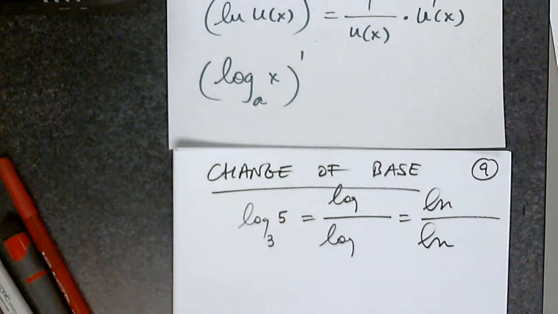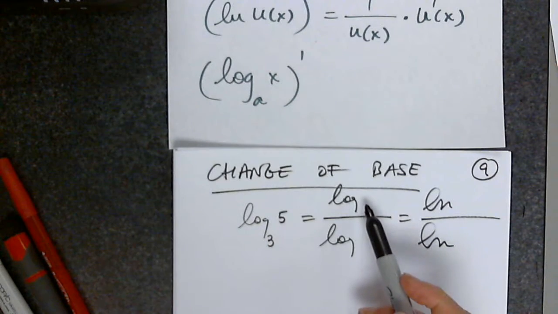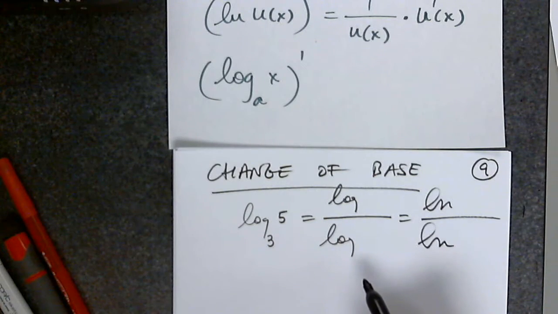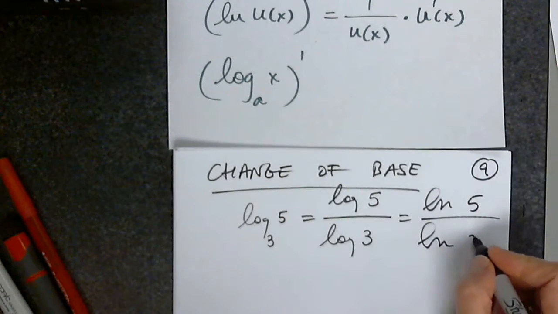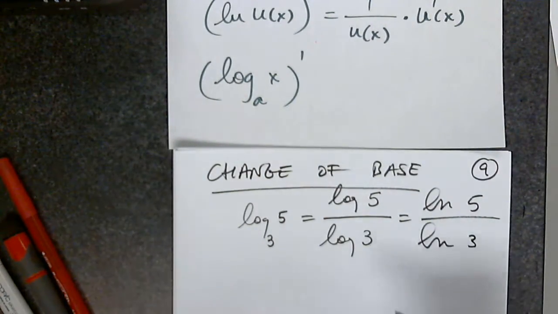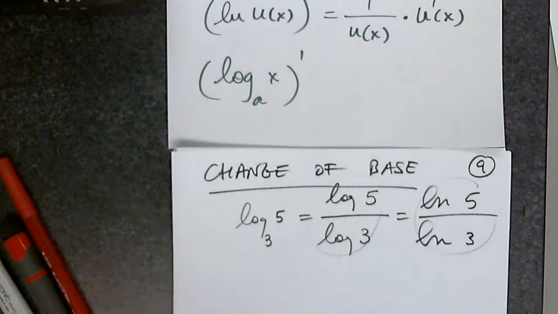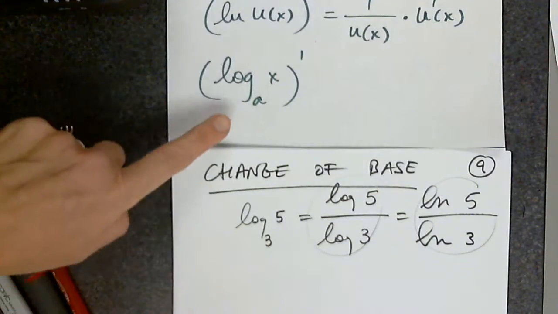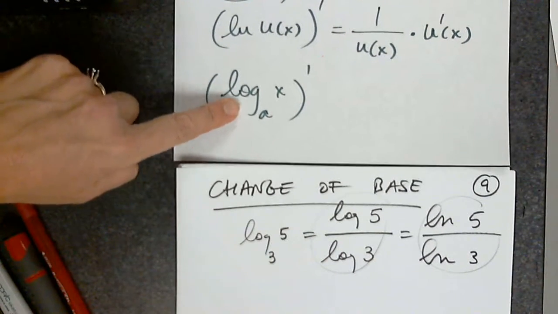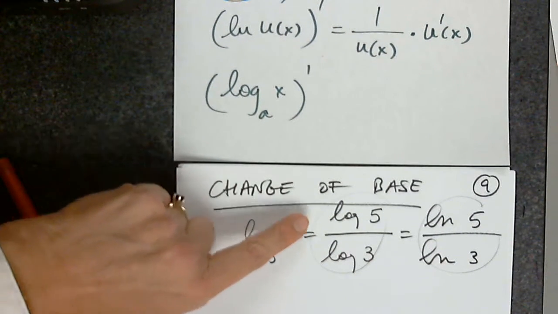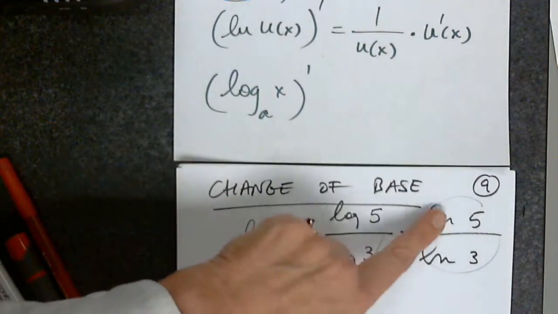So notice that this is a ratio of 2 logs. The log at the top is of what? Of 5, indeed. And the log in the denominator is of the previous base. And these will be the same. So log base a of x is the ratio. You can use this, or you can use this.